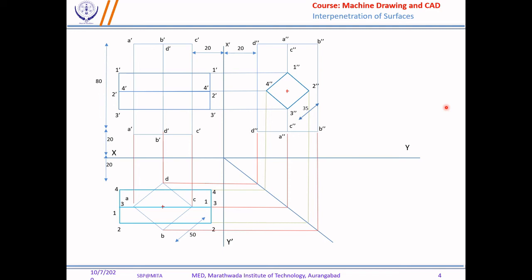Next, we need to modify the top view, because this horizontal prism penetrates the vertical prism. As it is penetrated in the top view, we can see some hidden lines of the horizontal prism, so that is modified.